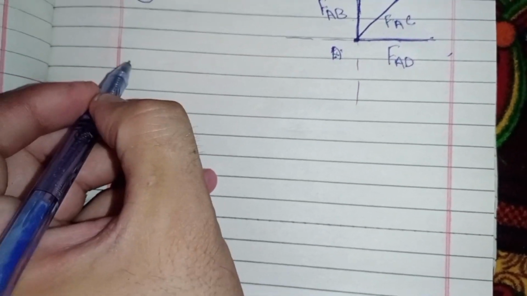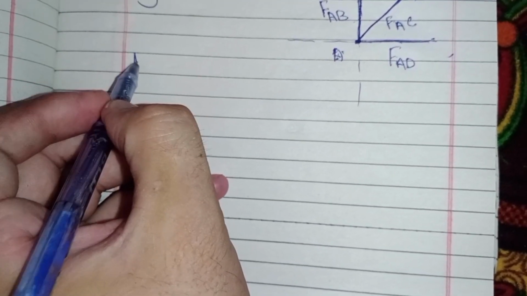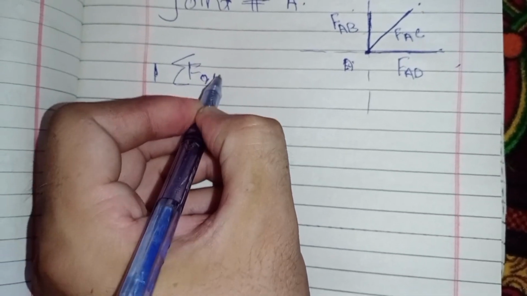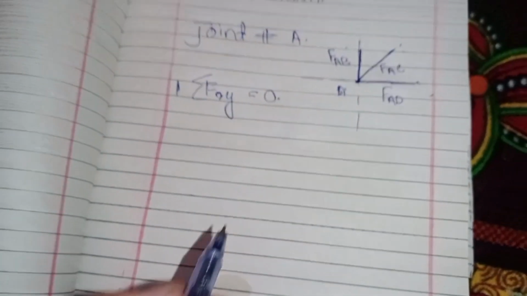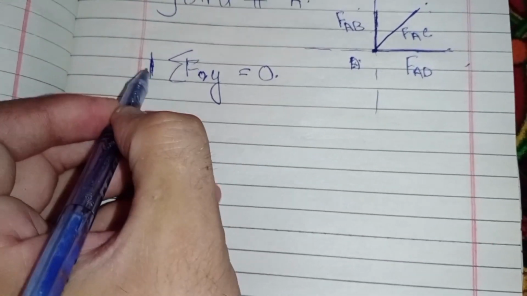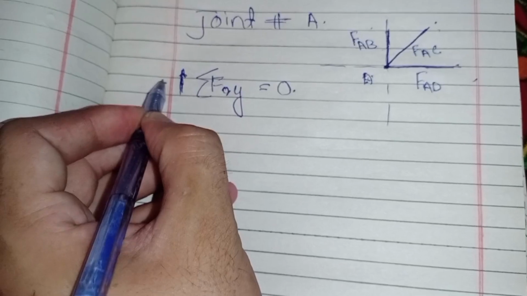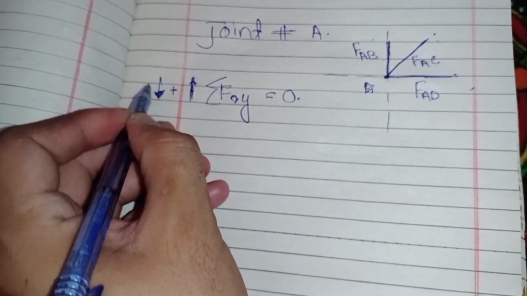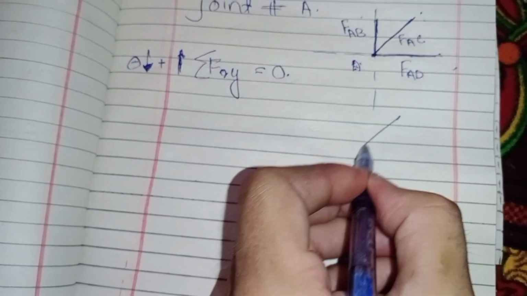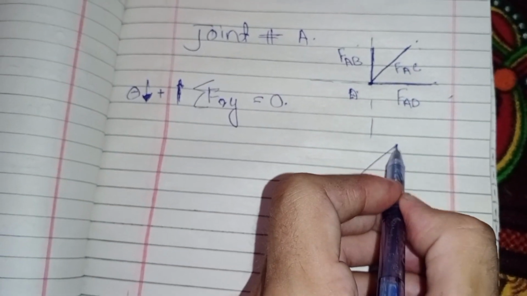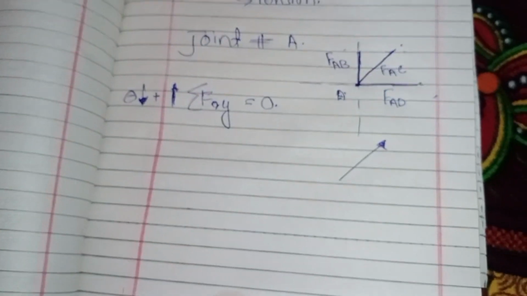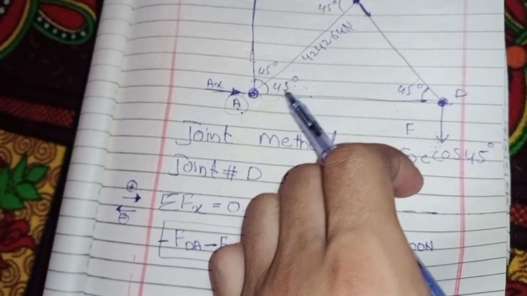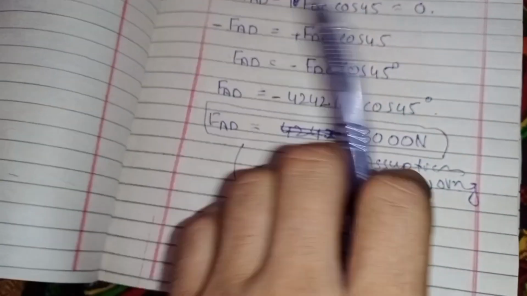So now I take the summation of all forces in the y direction equal to 0. Okay, so up will be taken as positive, and the force directed toward down will be negative. I assume that this force is in tension. Now FAC, we have found that FAC is in compression.